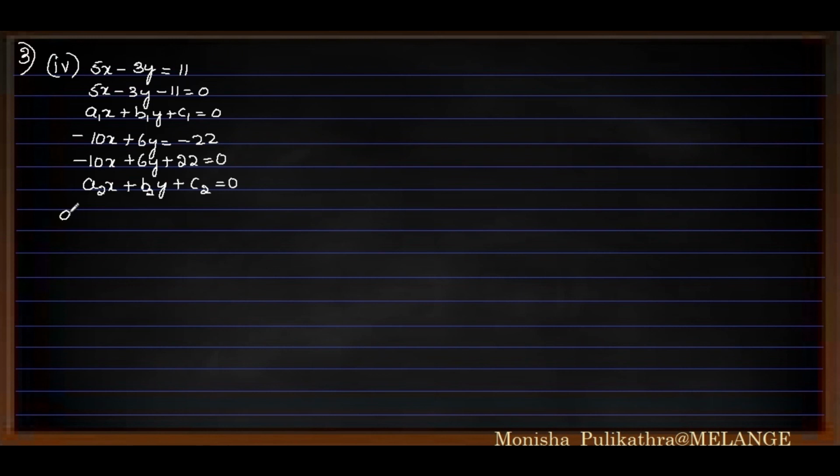Okay, so next we need to find out the ratio a1 by a2, b1 by b2 and c1 by c2. So here a1 is 5 divided by a2 is minus 10, b1 is minus 3 and b2 is 6, c1 is minus 11 and c2 is 22.